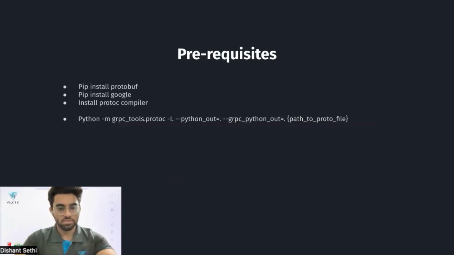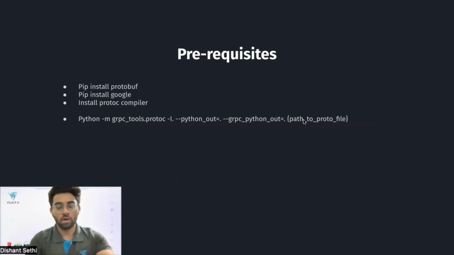A few of the prerequisites are you have to install the protobuf library, the Google library, and a protoc compiler. We'll use this protoc compiler to generate the gRPC code, the server implementation and the client implementation of gRPC code.